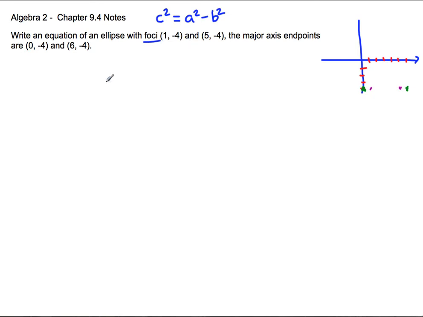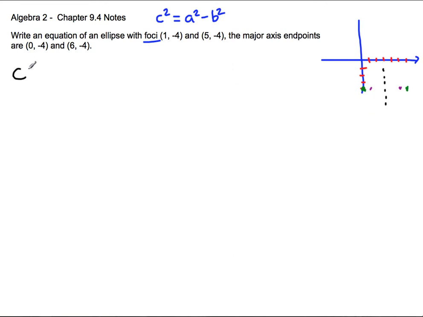Now, the first thing that I need to have is the center. And the center is right in between, the halfway point of all of these guys over here. Wherever that halfway point is, that's the center.